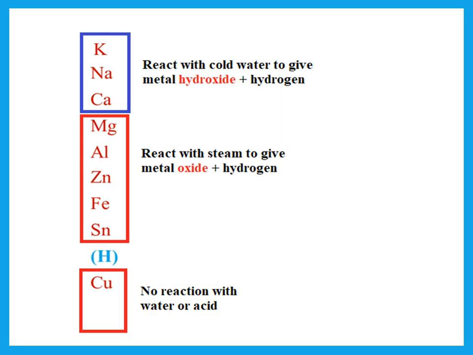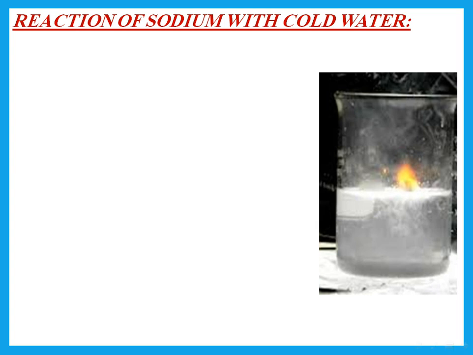Anything below hydrogen in the electrochemical series will not react with water or with acid. So remember that copper and any other metal below copper in the reactivity series does not react with water and does not react with acid.